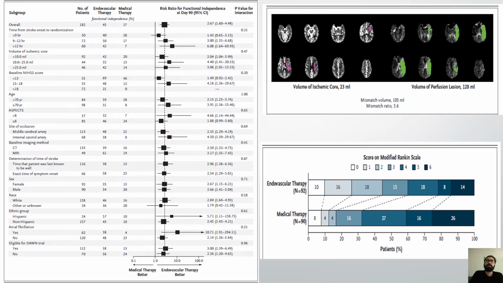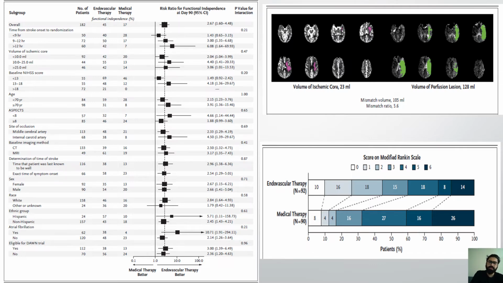So this was their CT perfusion criteria, which they described, where CT perfusion mismatch was more indicative of going ahead with the therapy versus not going ahead. So CT perfusion mismatch became an important diagnostic modality during an acute stroke setting, to decide when to go ahead and when not to go ahead.